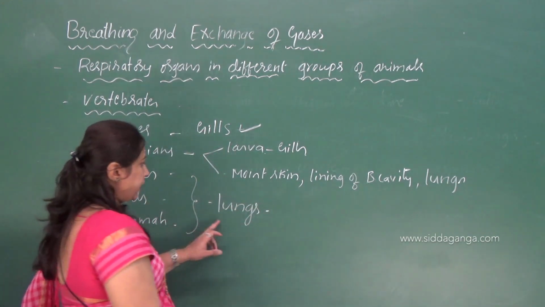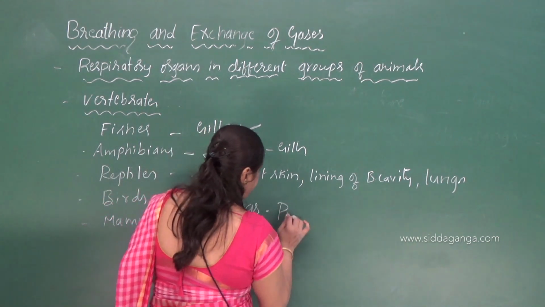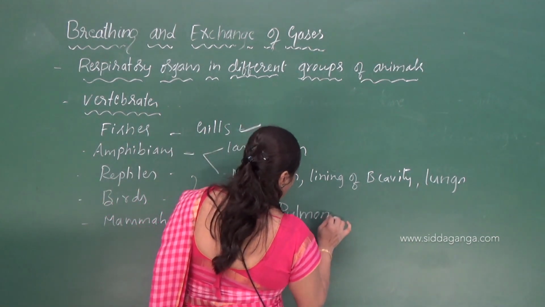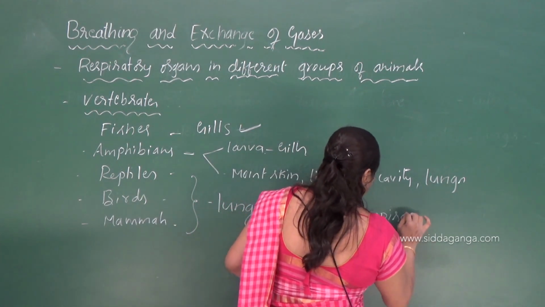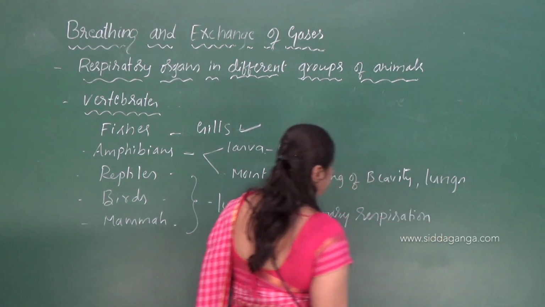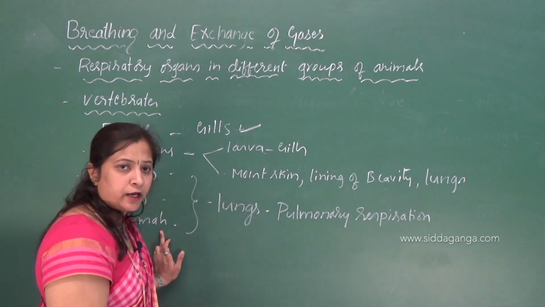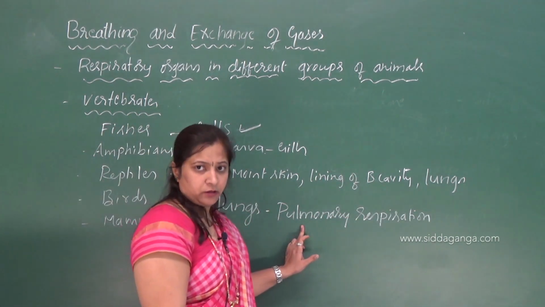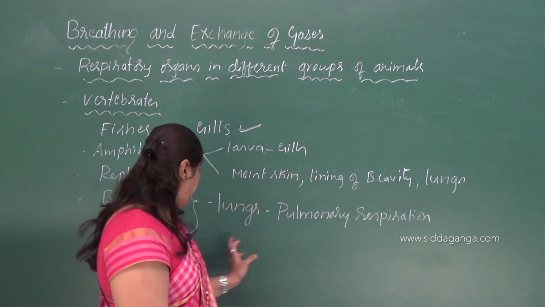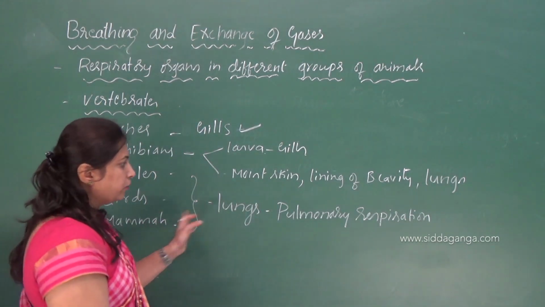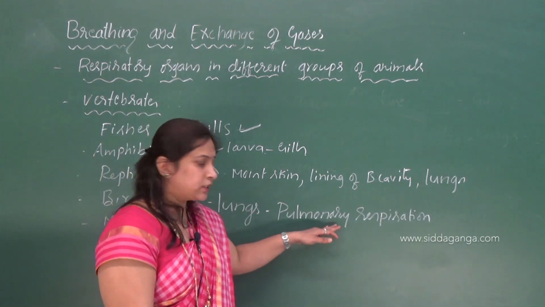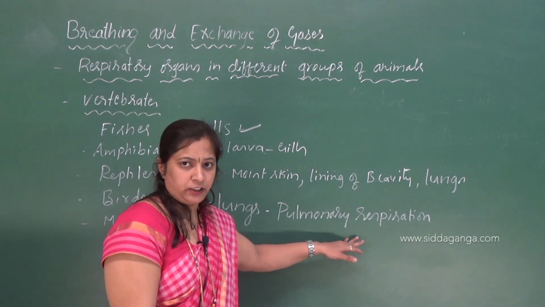Okay. So when it comes to reptiles, birds, and mammals, the respiratory organs are the lungs. The respiration with the help of lungs is called pulmonary respiration. We human beings belong to the class Mammalia, no. So the respiration is pulmonary respiration.